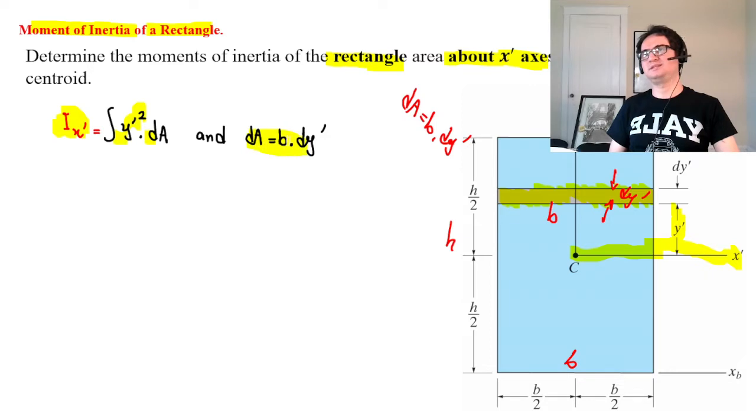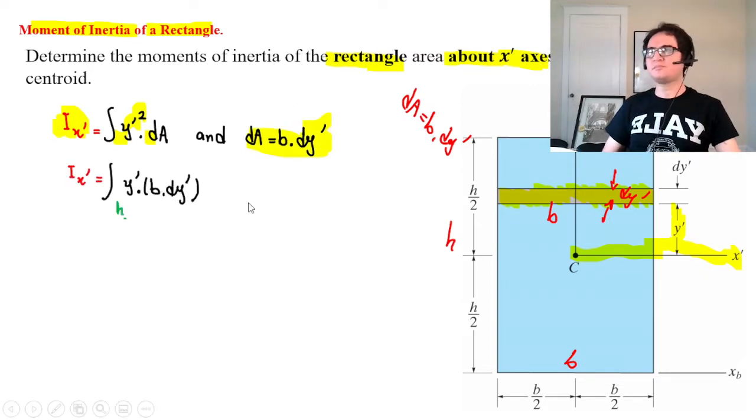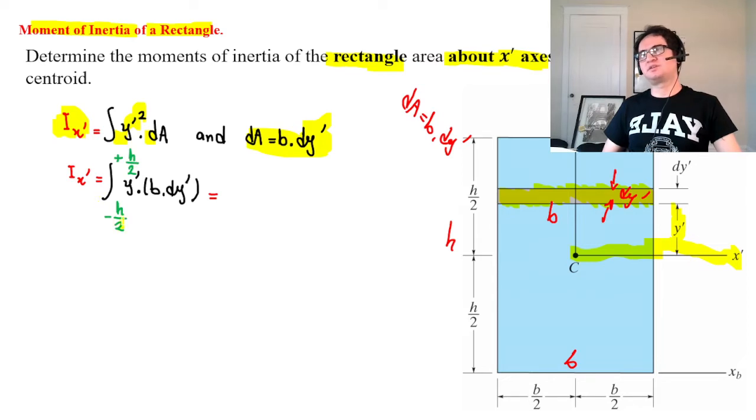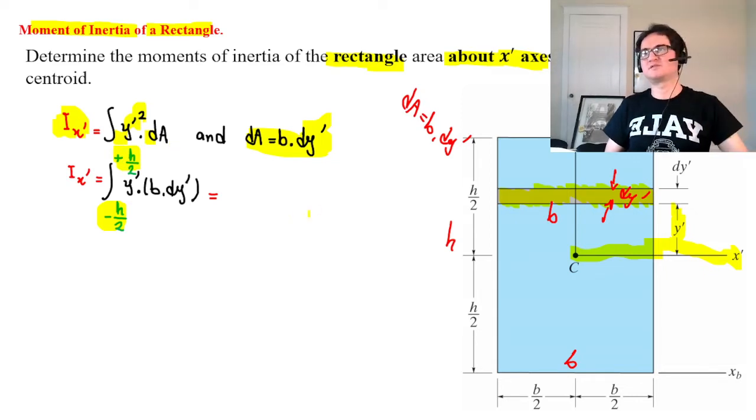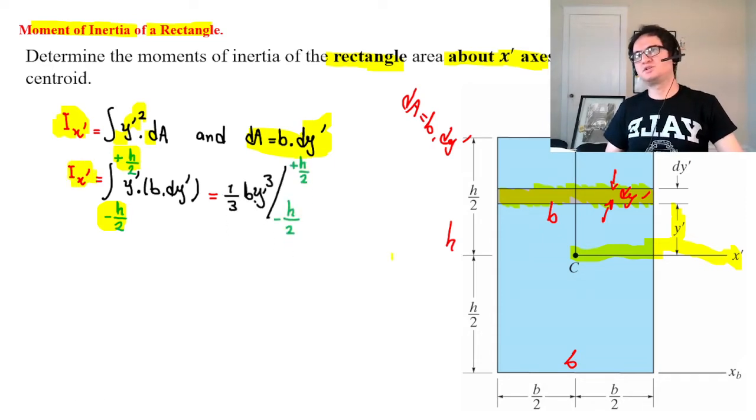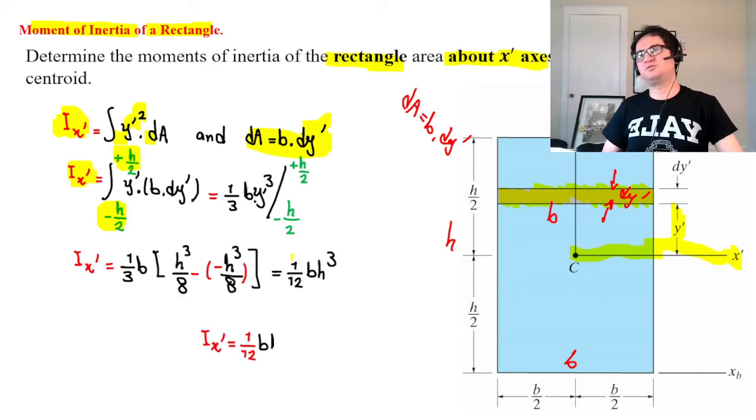If you replace dA by b dy prime and integrate from minus h over 2 to positive h over 2, it sweeps all the area and gives you the moment of inertia of a rectangle. So Ix prime for a rectangle is 1/12 base cubed height.